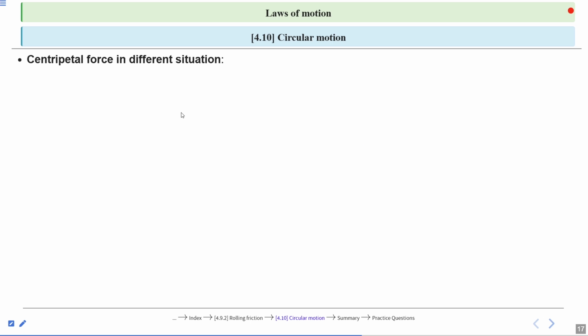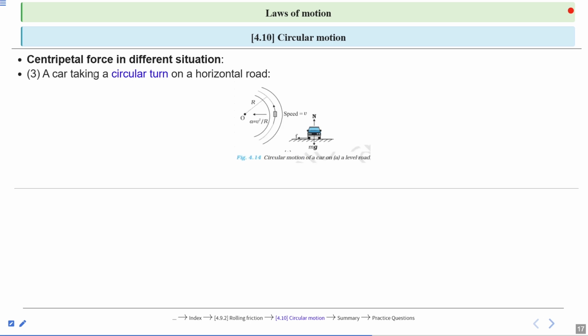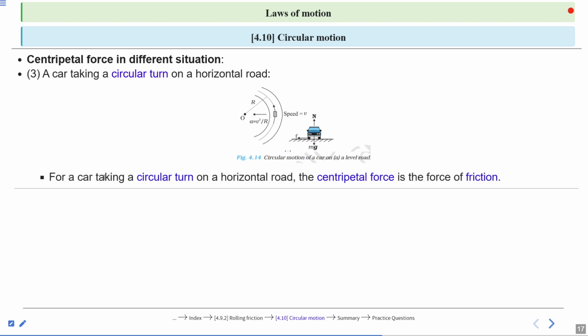Third, a car taking a circular turn on a horizontal road. When a car takes a turn like this, the force that acts towards the center is the centripetal force. For a car taking a circular turn on a horizontal road, the centripetal force is the force of friction.